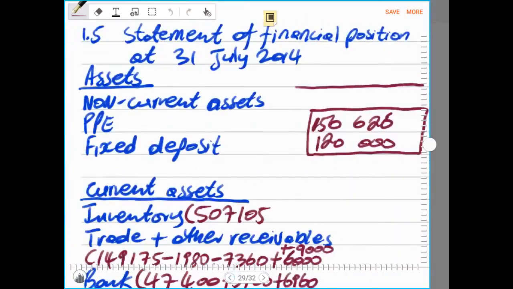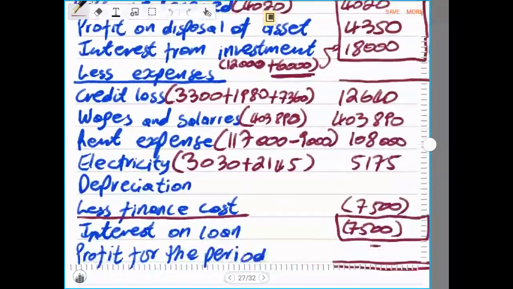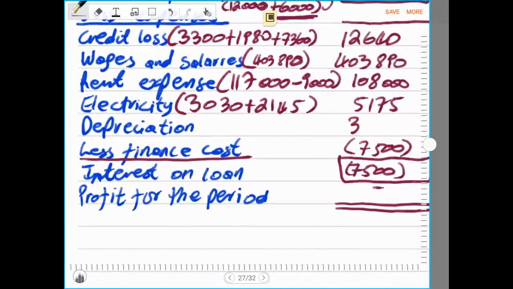So that will be the amount of depreciation. Make sure that expenses are always negative. Your expenses are always negative. Then we have the finance cost.